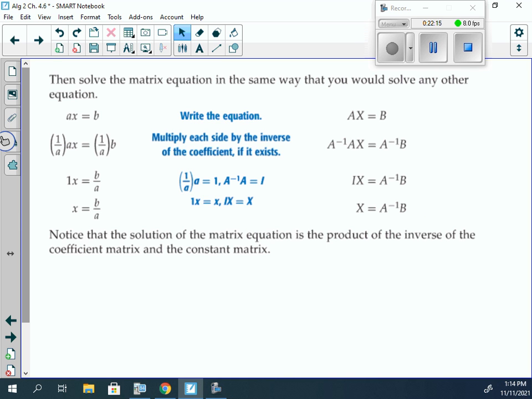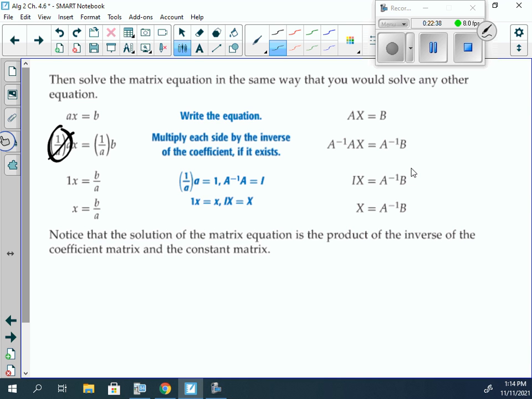Now, this here is going to make this make a little more sense, because if we had an equation, ax is equal to b, to solve it, we would divide by a or multiply both sides by 1 over a, because here the a and 1 over a would cancel out, leaving us x is equal to b over a.